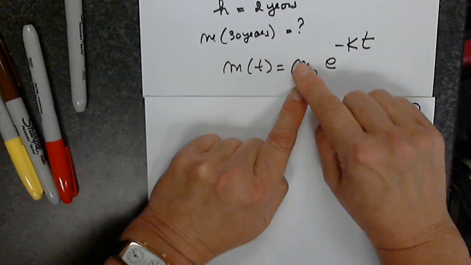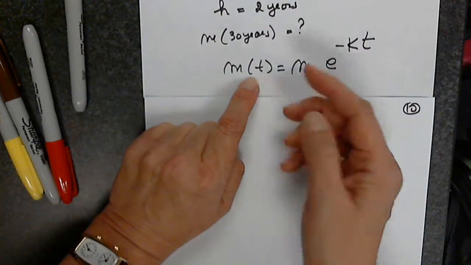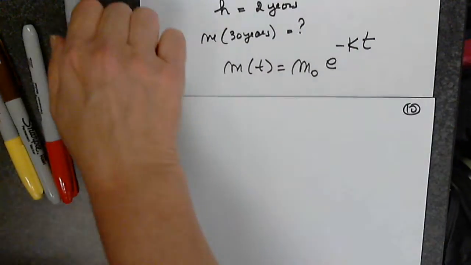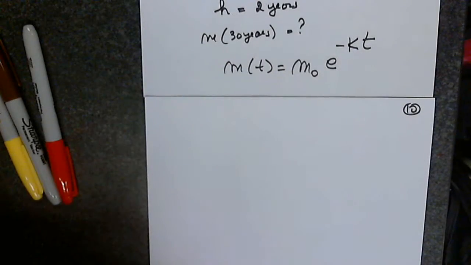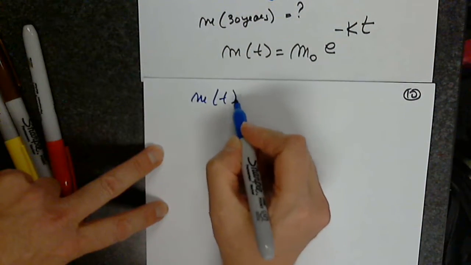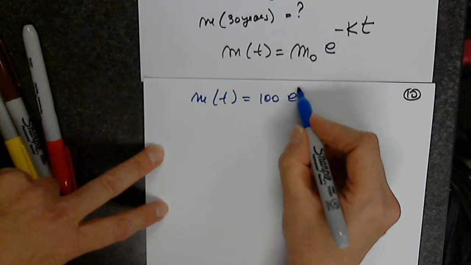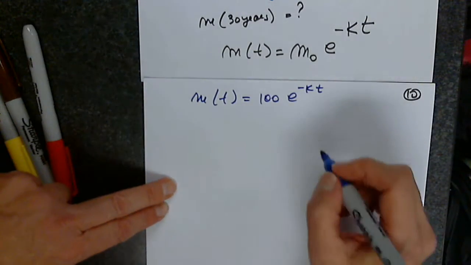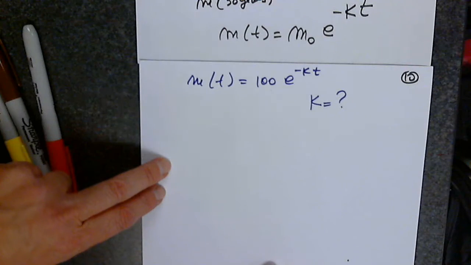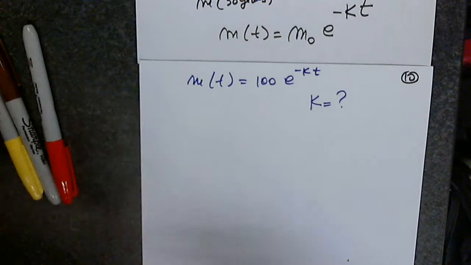If I have this and I have this, I can punch in 30 and I'm done. So for now I have m of t equals 100 times e to negative kt. So the only unknown is the radioactive decay rate. Once I find that, I can punch in any t I want, including 30 years. Would you agree? Okay.